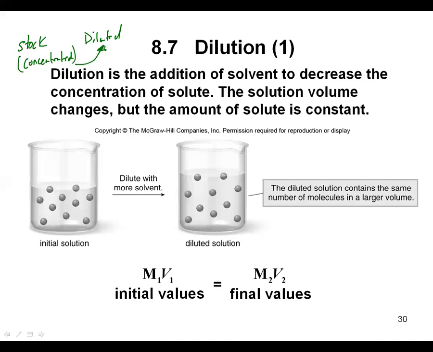And typically in this process, the only thing that you basically do is add more solvent. Again, not 100% of the time, but a lot of times the solvent is water. But it doesn't always have to be water. But when you do dilution, really the only thing that you're changing is that you're adding more water.